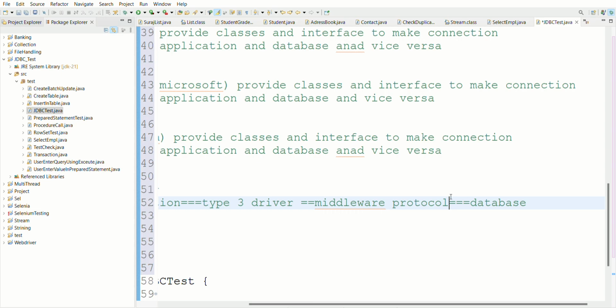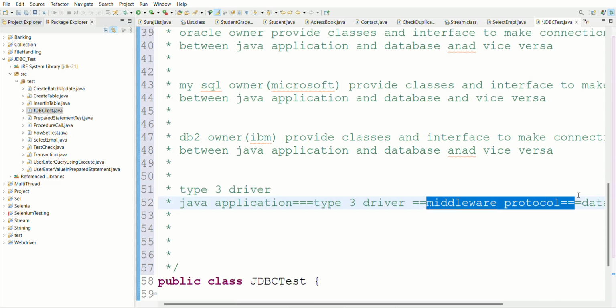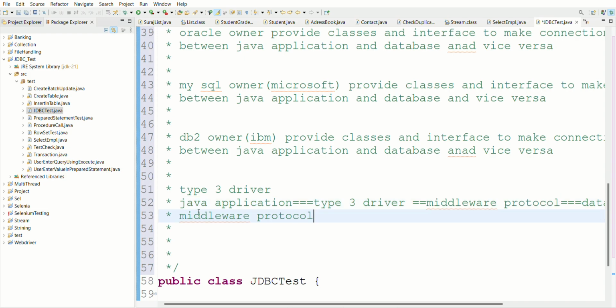It means it uses three different machines to communicate with different databases, and it is internally using a middleware server, so that you need to install an IDS server for this middleware server.